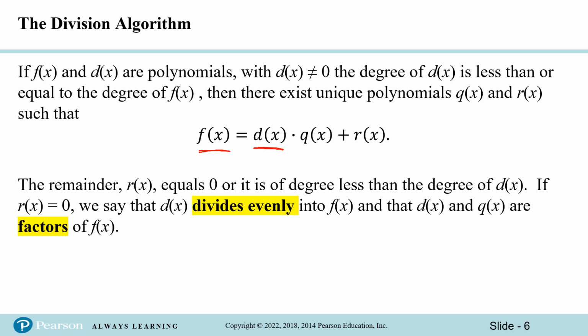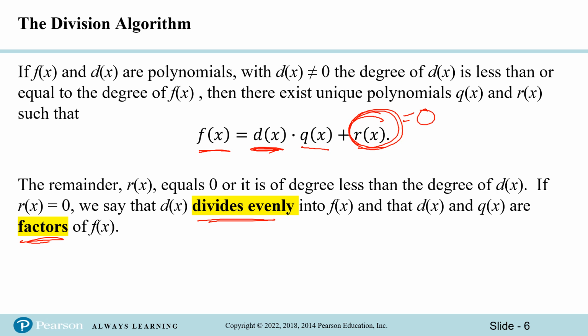Then there exist unique polynomials here and here such that the remainder, this is the remainder, equals 0, or it is of degree less than the degree of this one. If the remainder equals 0, we say that it divides evenly and that they are factors.